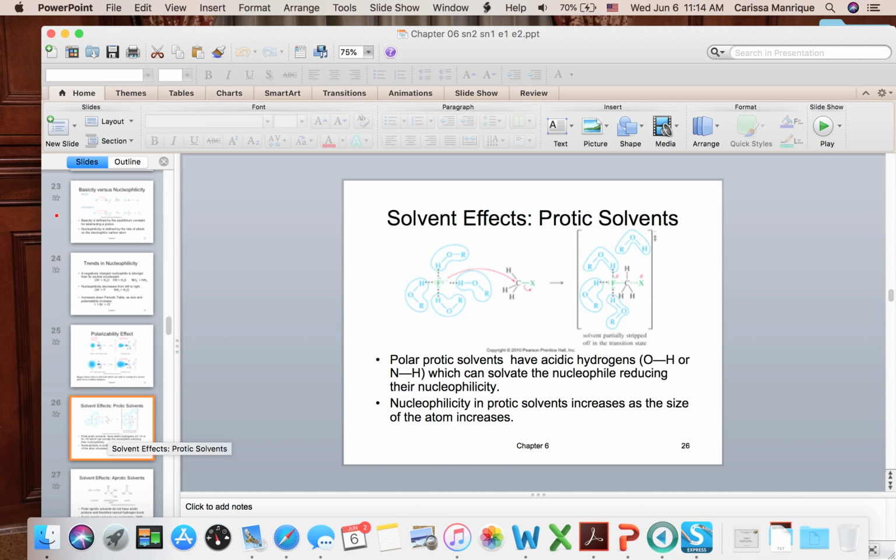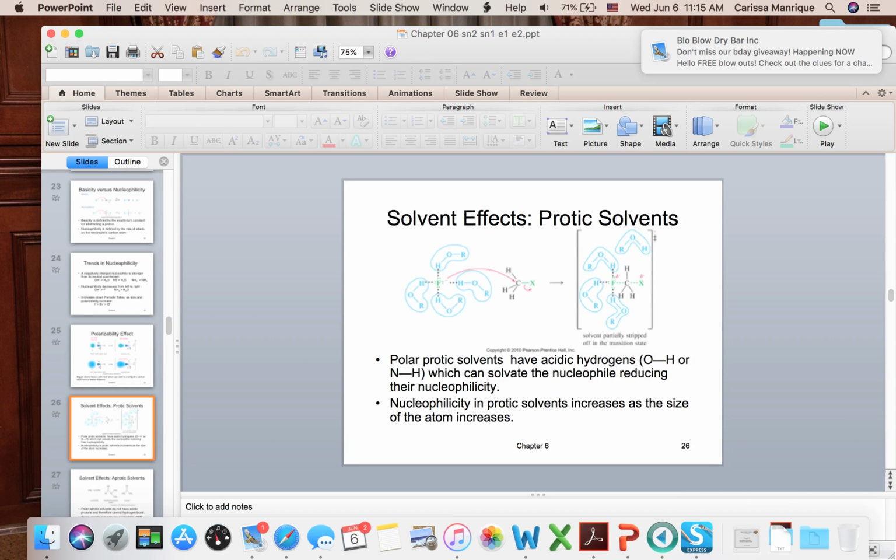Here's a solvent effect, okay? Polar protic solvents have acidic hydrogens. So we're really looking at OH and NH, which can solvate the nucleophile, reducing their nucleophilicity. Okay, so the nucleophilicity in protic solvents increases as the size of the atom increases. So basically what happens is a polar protic solvent stabilizes your reaction, if you want.